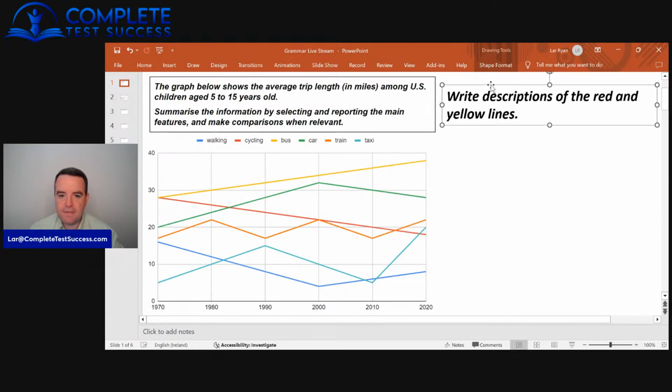I'll just get you to write various descriptions with a focus on your grammar. And that's it. Okay, so I'll let you guys get on with it. Write a description of the red and yellow lines. Share it with me in the comments, and then I'll put it on the screen and we'll talk about any issues or any things that we could do to help you improve your scores, your grammar score in particular.